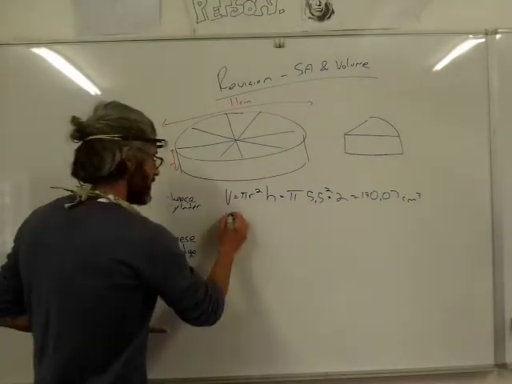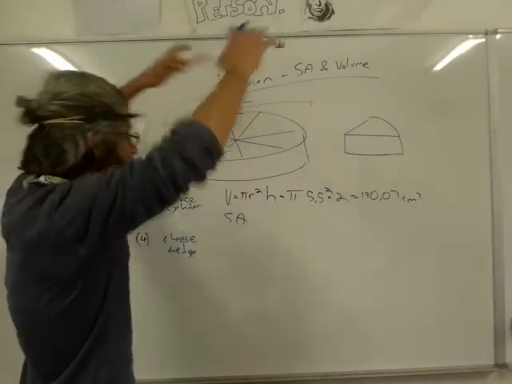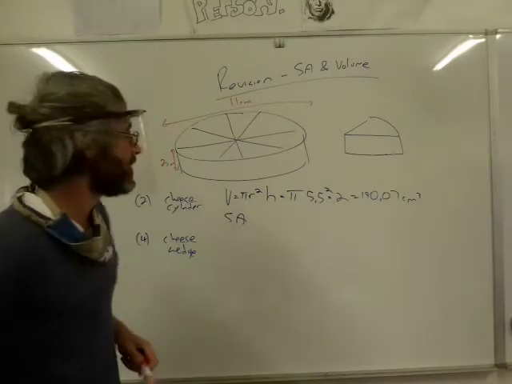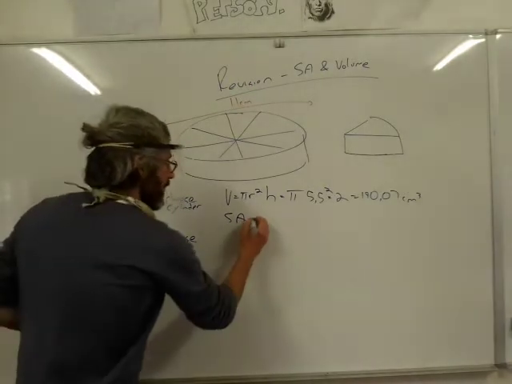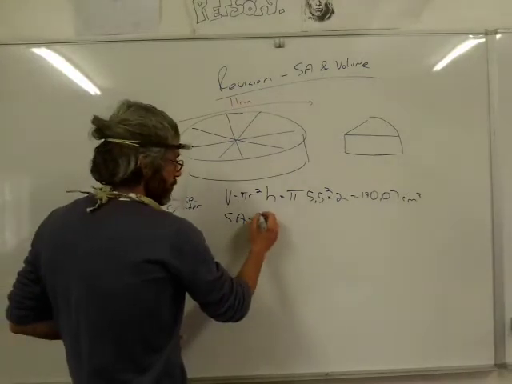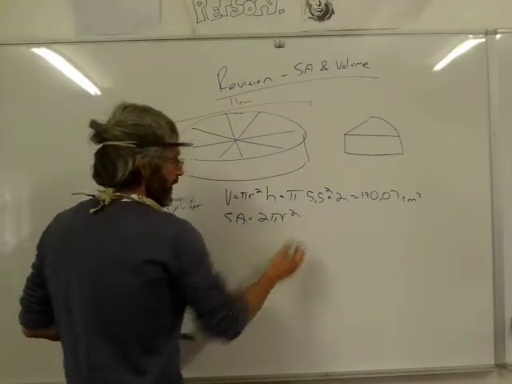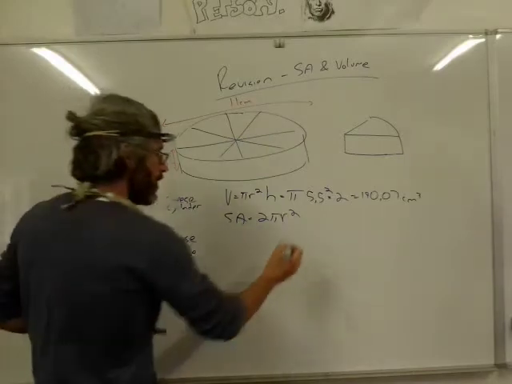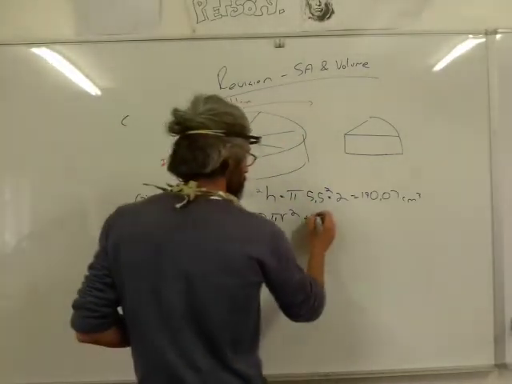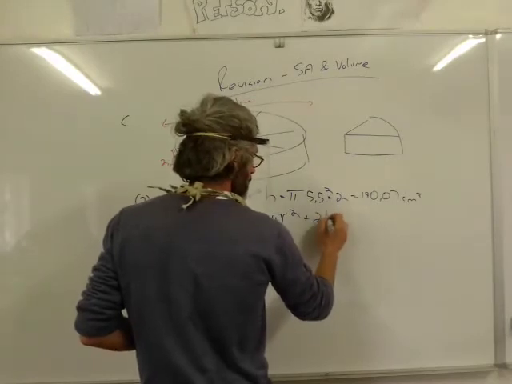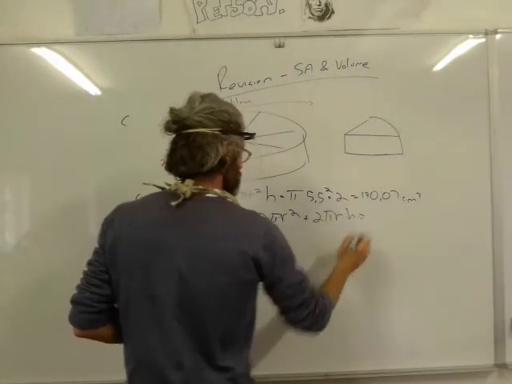Okay, now next thing, the surface area. Surface area, to wrap the whole thing. Okay, so the surface area, okay, is going to be 2 pi r squared, the top and the bottom circles, plus the area around it, that little strip around it, which we know the area is 2 pi r h.